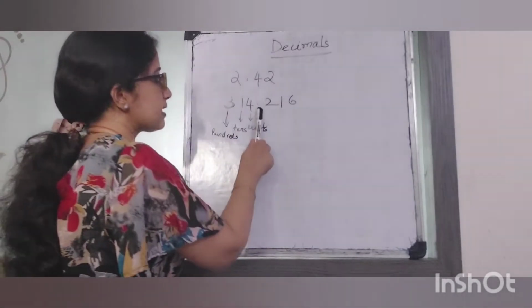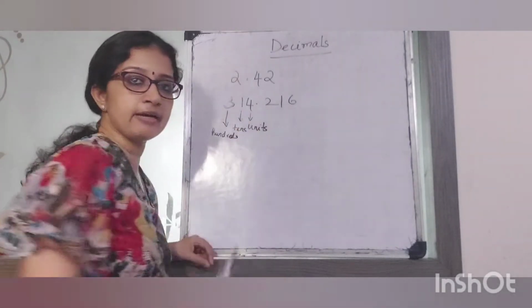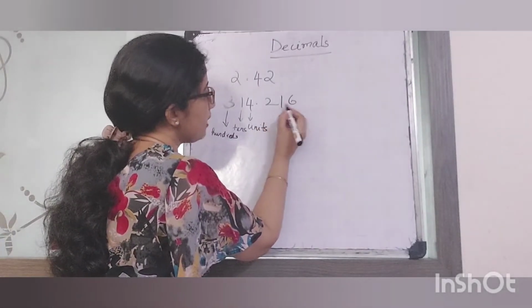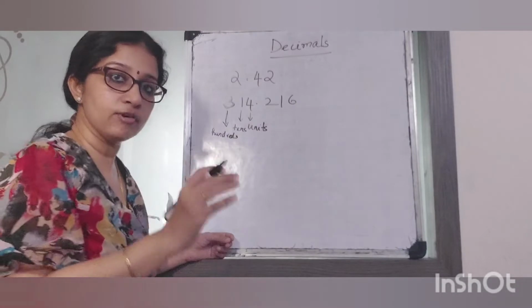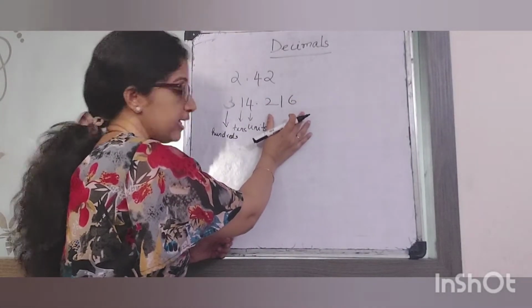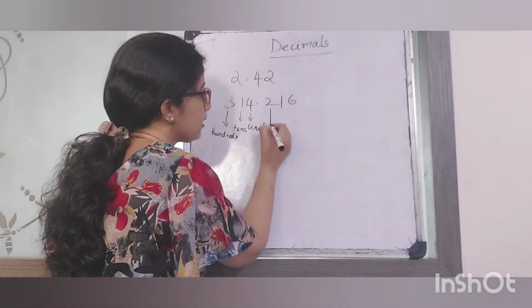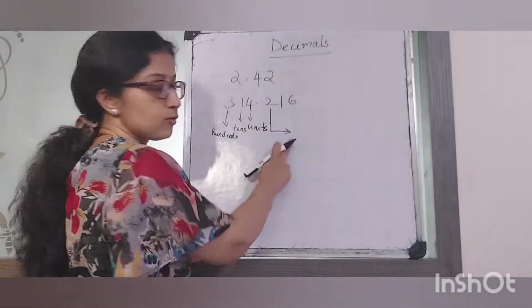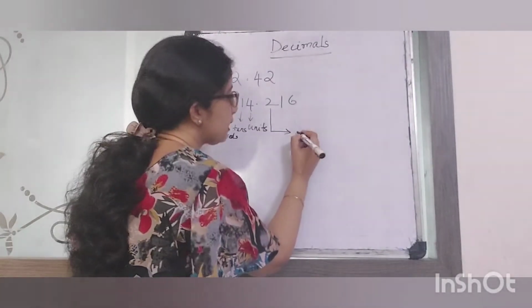Okay. Now let us come to the part to the right side of this point. So what are the three digits? 2, 1 and 6. Now we will see the place value of these three digits. So let's take 2. What is the place value of 2 here? The place value of 2 is 2 tenths.